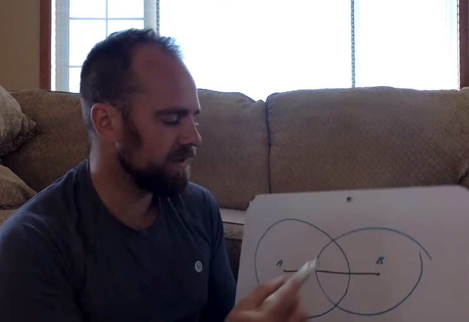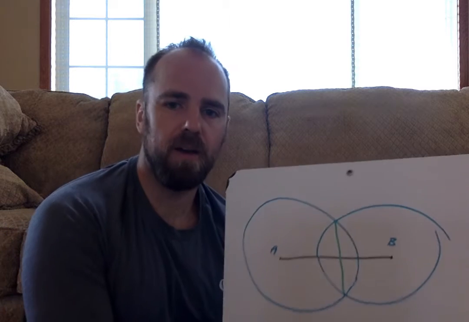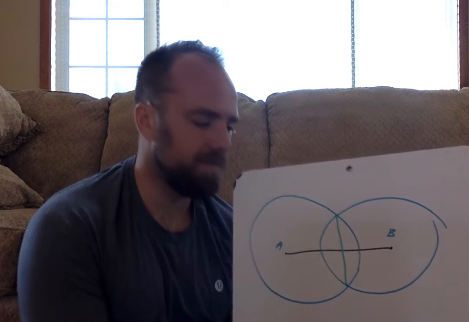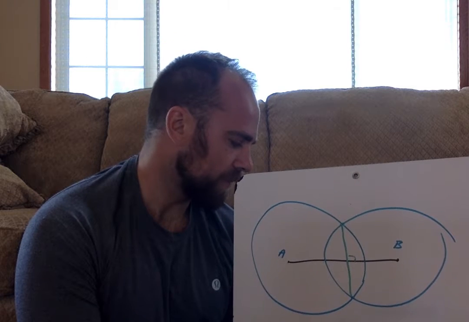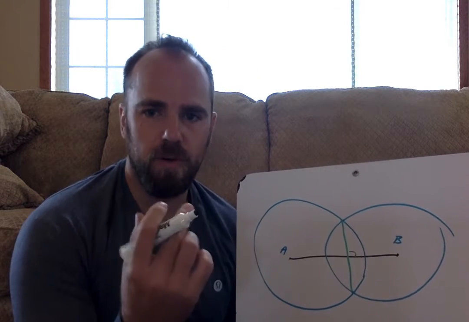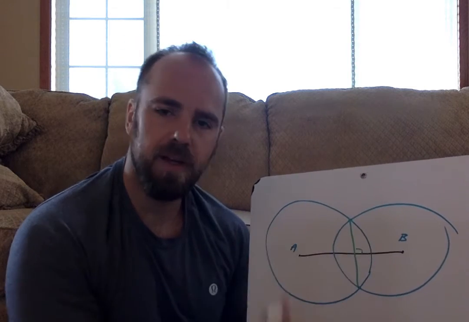When I do it perfectly with my compass, that is how I get my perpendicular line. This would be a 90-degree angle in this situation. So that's your second way, with circle and circle.